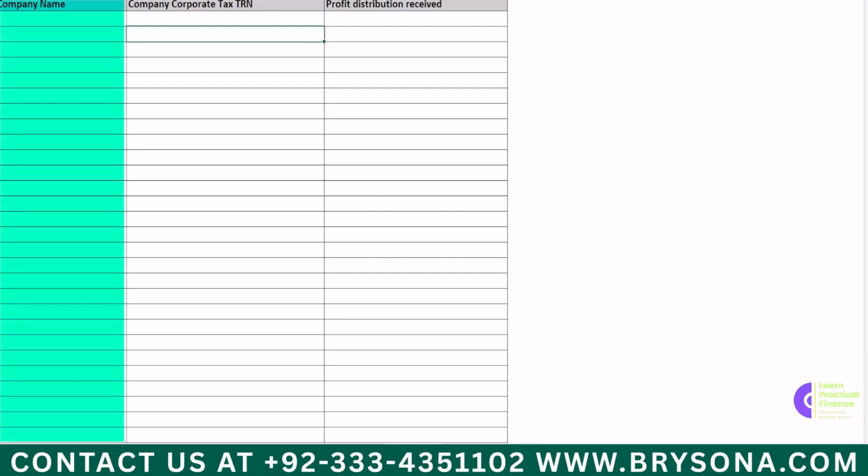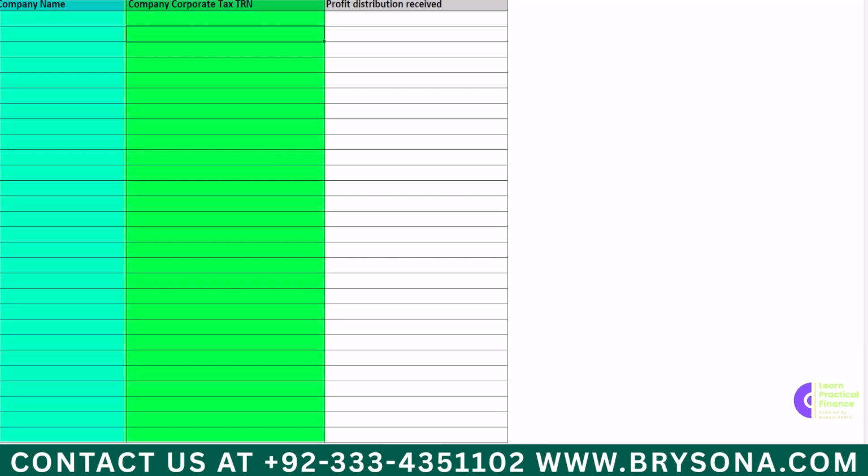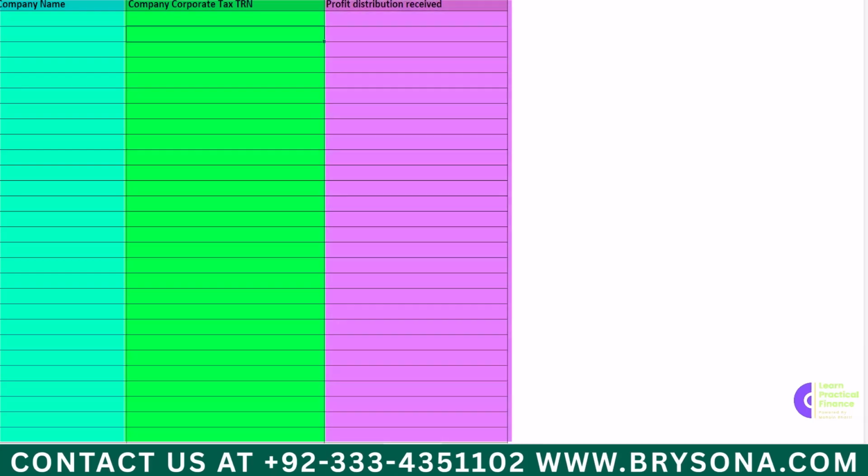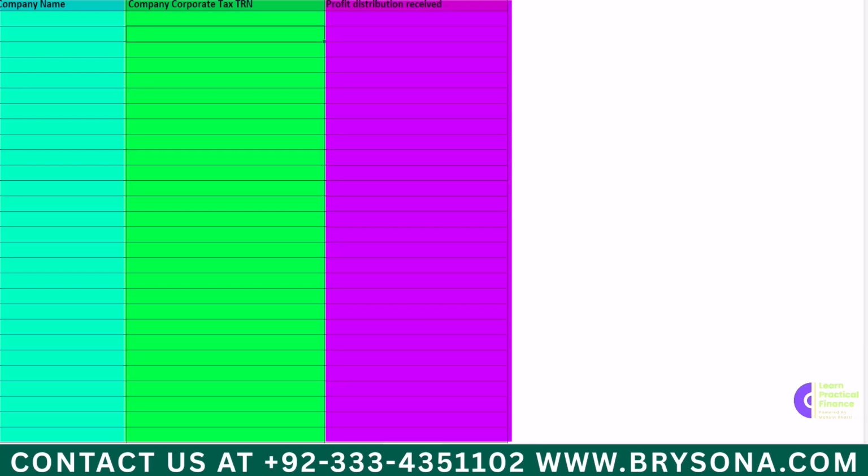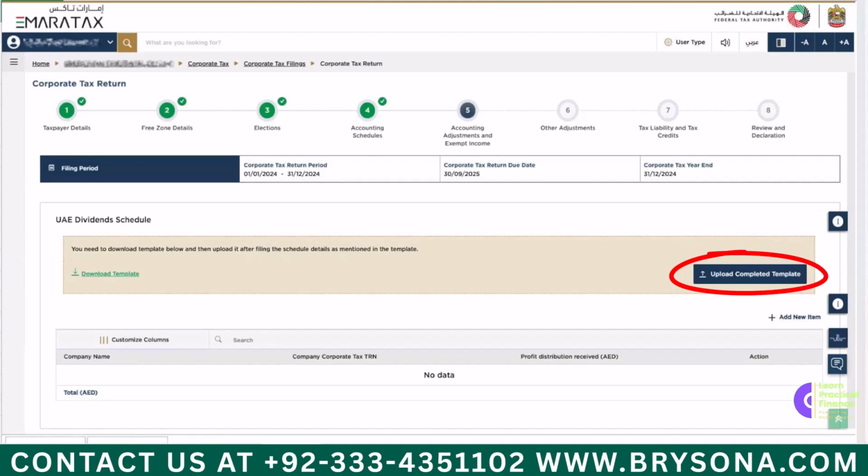In the first column, you have to fill the company name. In the second column, you have to fill the company corporate tax number. And in the third column, which is the last one, you have to fill the details of profit distribution received. Then you can click here, upload completed template, and you can upload the UAE dividend schedule.